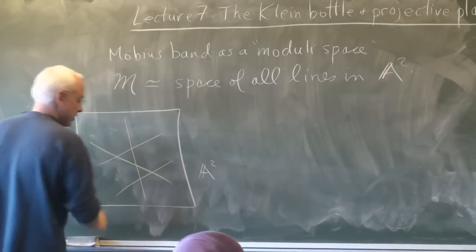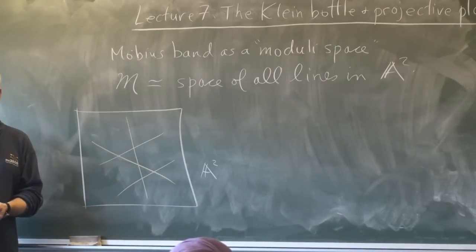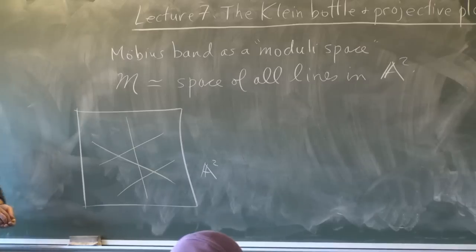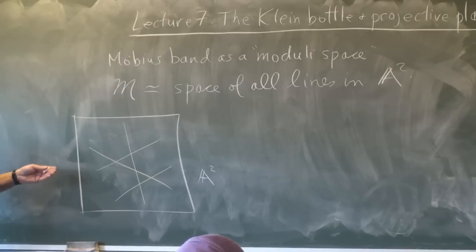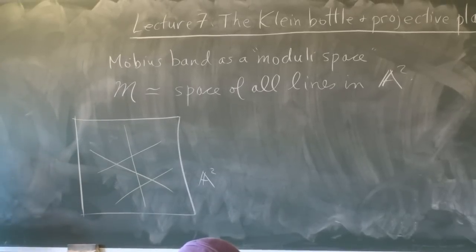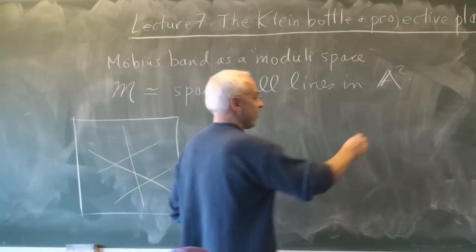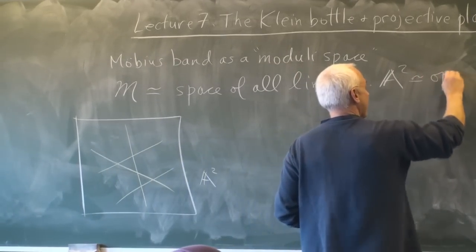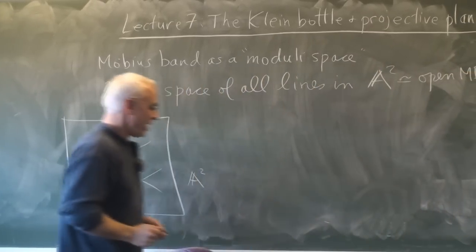And what we'd like to do is understand that as a space of all lines. I'm just going to give you the idea and you can think about it. I claim that this space of all lines is really like a Mobius band, kind of like an open Mobius band. Why is that?